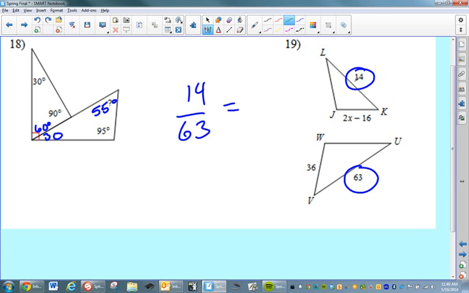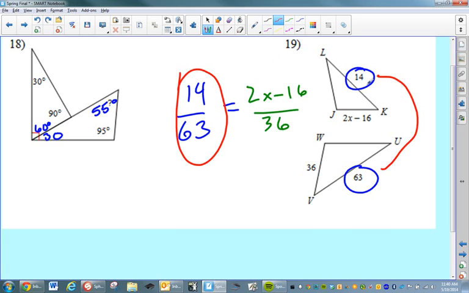So I do 14 over 63 equals 2x minus 16 over 36. Remember, there are lots of correct ways to write your proportions, lots of incorrect ways to write your proportions. Notice that my 14 and 63 are together, and my 14 and 2x minus 16 are together. Those are the rules. They have to be together.